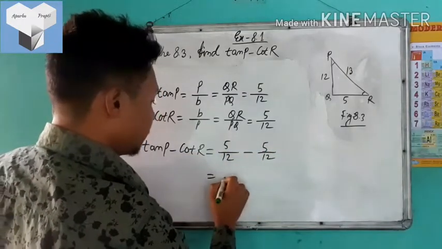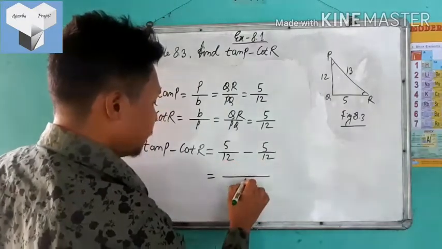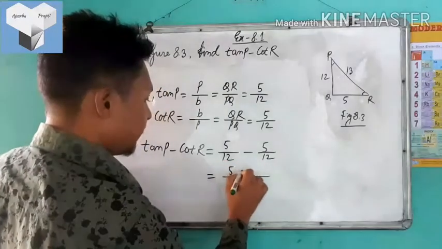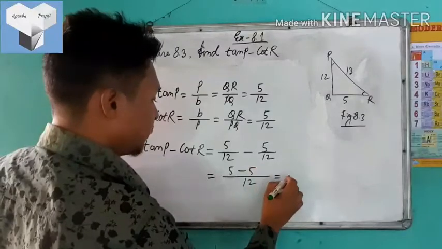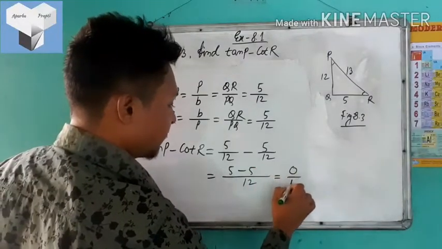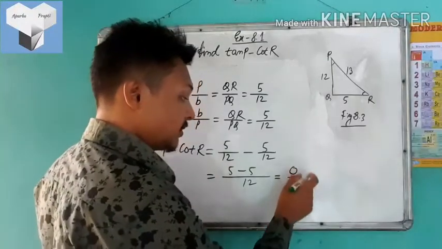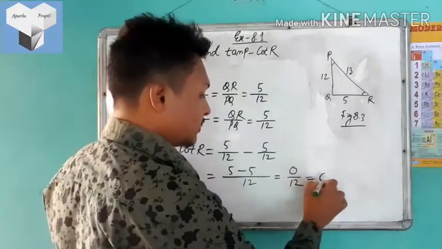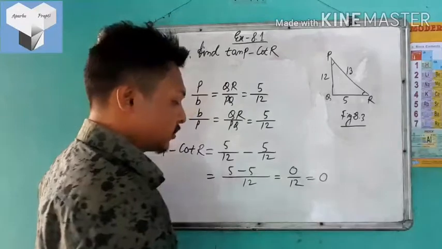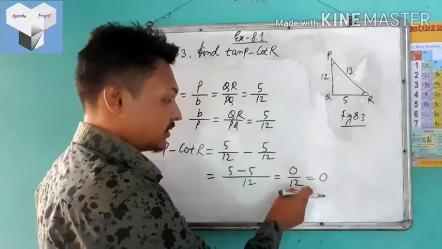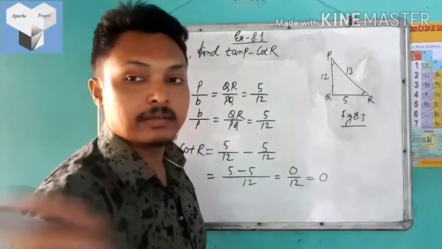Take the LCM of both denominators, 12. It will be 5 minus 5, so 0 by 12. If we divide 0 by something, it will always be 0. And mind this, when you divide something by 0, it will be indefinite.